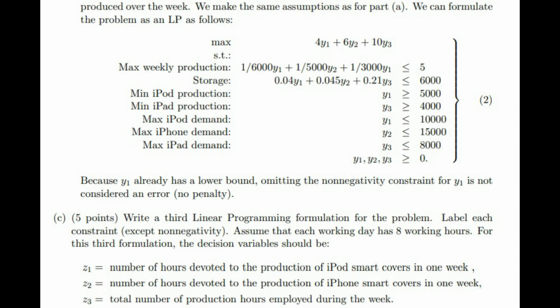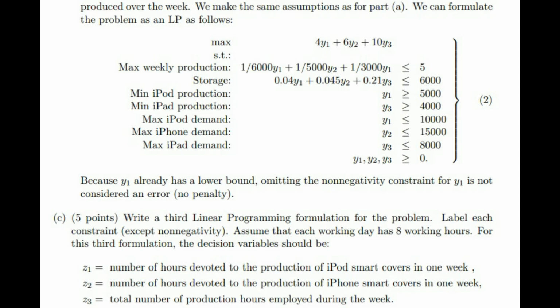We make the same assumptions as for part A. We can formulate the problem as an LP as follows. Maximize 4Y1 plus 6Y2 plus 10Y3, subject to: Maximum weekly production: 1/6,000 Y1 plus 1/5,000 Y2 plus 1/3,000 Y3 is less than or equal to 5.